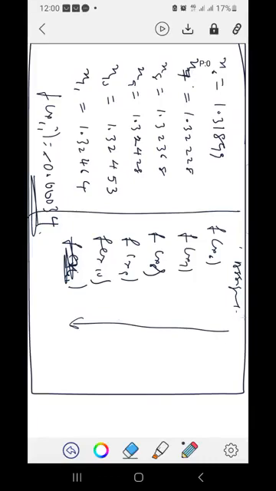f(x2) was minus 0.57. f(x3) was minus 0.28 something. f(x4) was minus 0.1295 something.